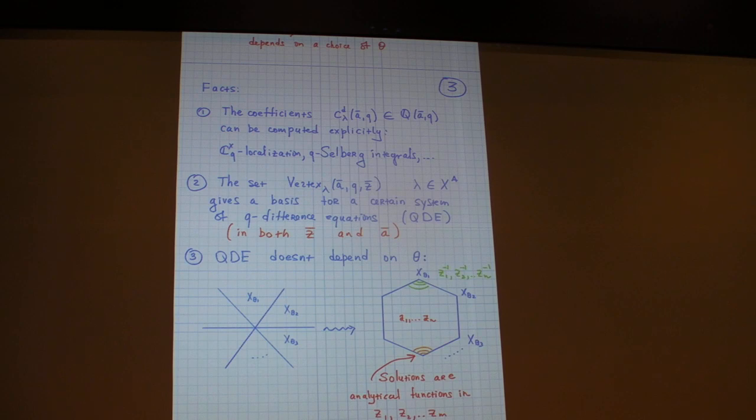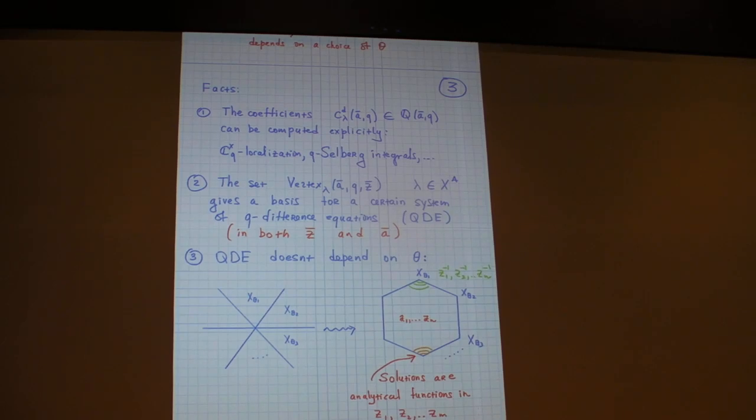So what do we know about these generating functions, which are called vertex functions? Well, in many cases, especially for type A or affine type A Nakajima varieties, these coefficients are computable. So you can use equivariant localization to just write the formulas for them. And they're very deep in the sense that you can write many different types of localization formulas.